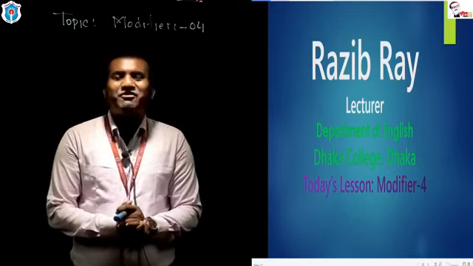These are the instruments, students. These are the instruments that you will need to use in order to give the answer of the modifier part.